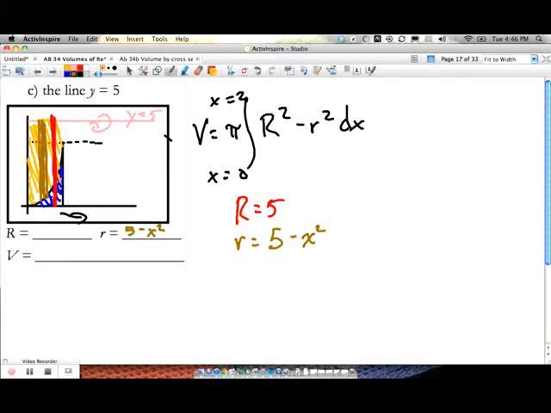So this one we have 5 minus x squared for little r. Our big R is 5. So to set up our actual volume, putting in the pieces that we have, it's going to be equal to pi times the integral from 0 to 2 of 5 squared minus, and we have 5 minus x squared, quantity squared, dx.